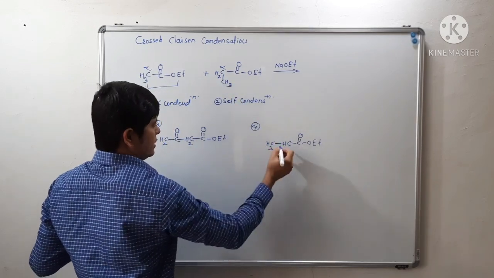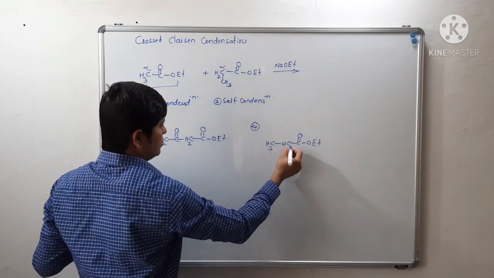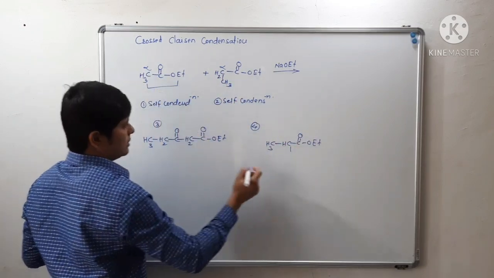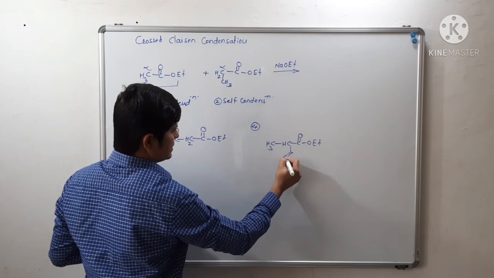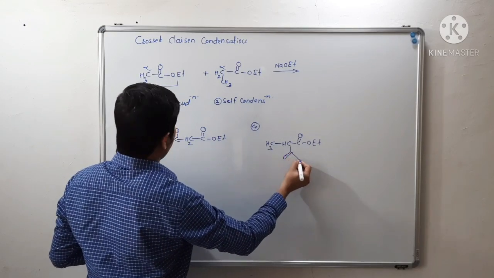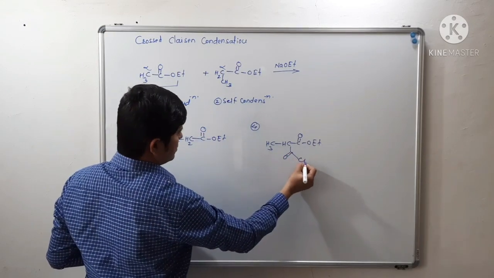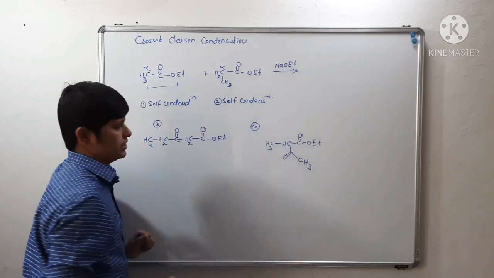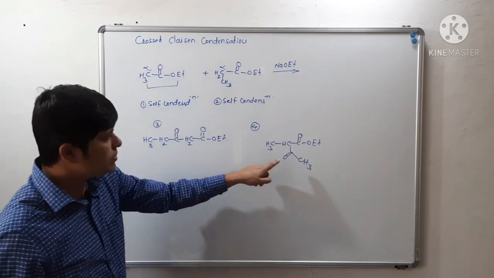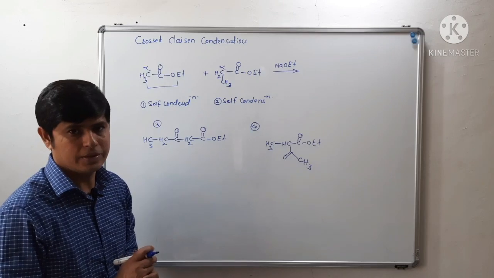Now this CH condenses with this carbonyl, so it will be like this, CO, and then CH3. In this way you will get the product.